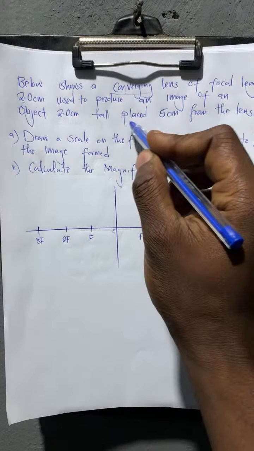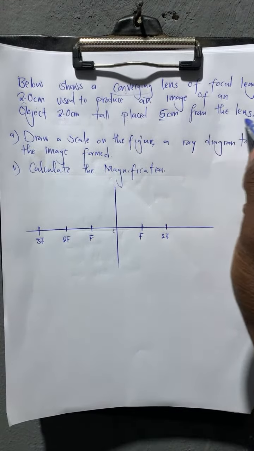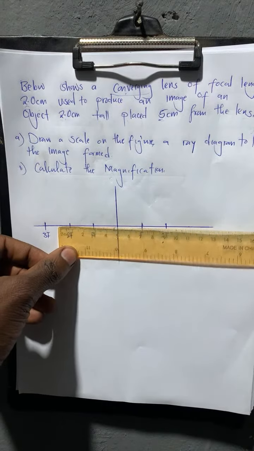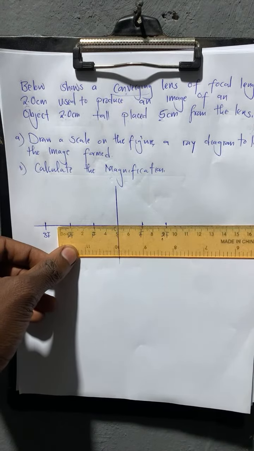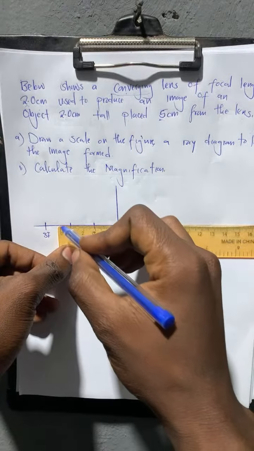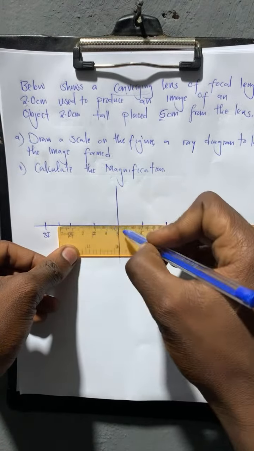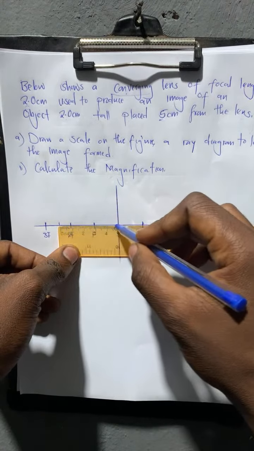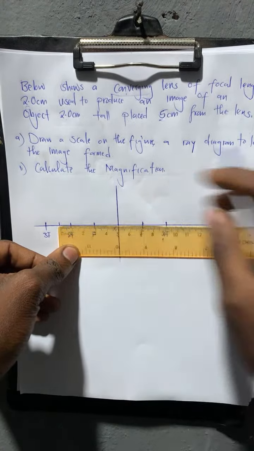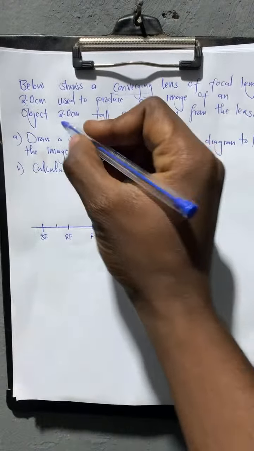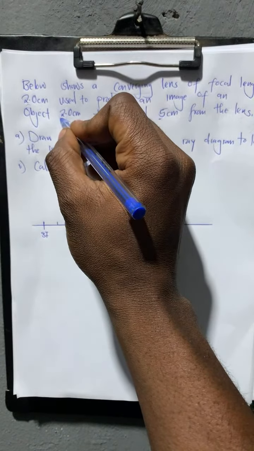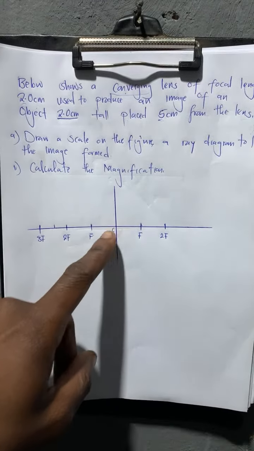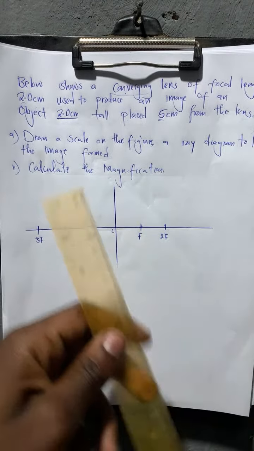But they're saying placed 5 centimeters from the lens, meaning this is the length. It must be placed 5 centimeters. So you say from 0 to 5. This is 0 here. It must reach at what? 5. So meaning 5 centimeters. That's why you must put the object, which must be how many tall? 2 centimeters tall. So 5 centimeters from the center to this point.